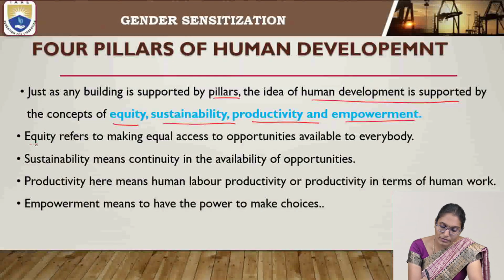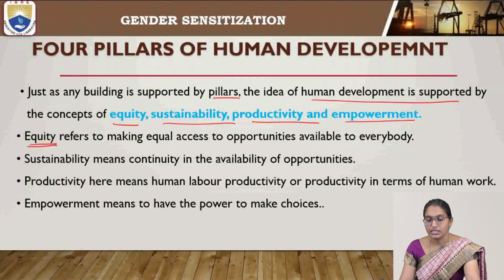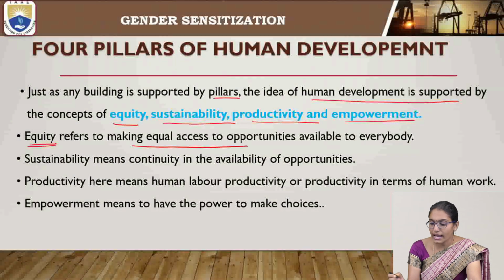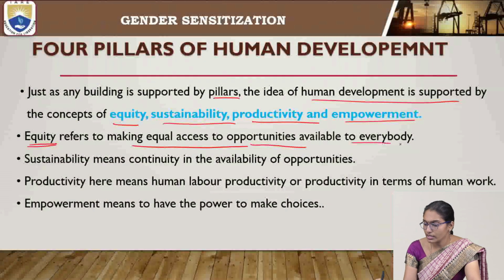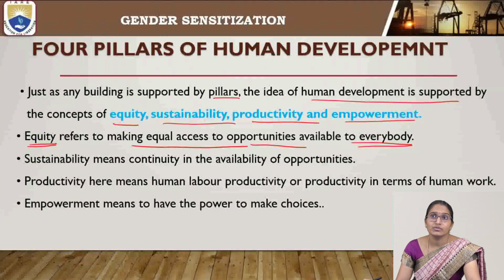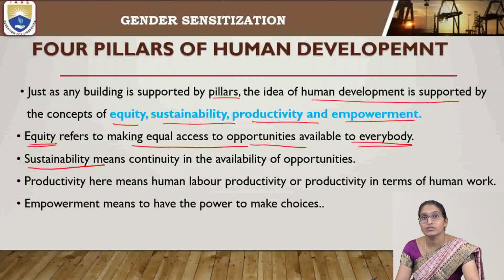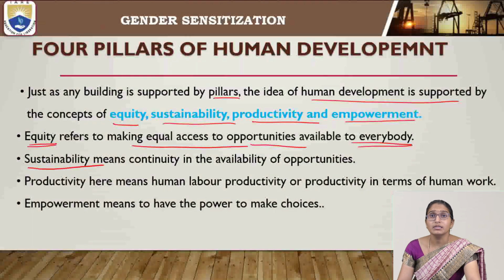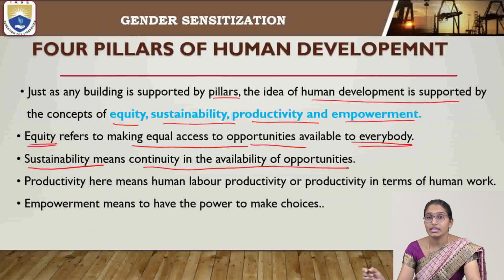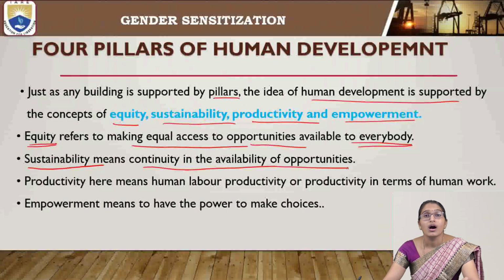The first one is equity. Equity refers to making equal access or opportunities available to everybody. Equal opportunity should be given to all persons in a given place. Then sustainability means the continuity in the availability of opportunities.